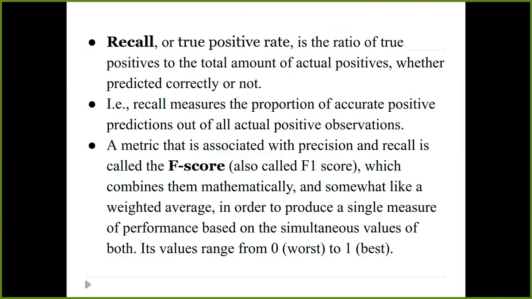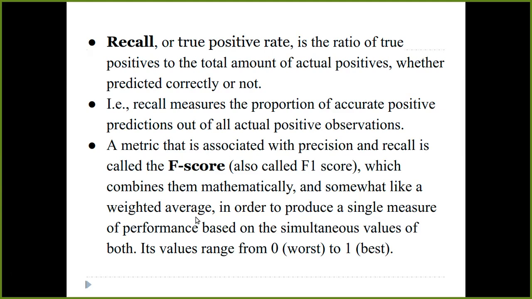Based on this, there is one more metric associated, that is the F score, also called the F1 score. This combines the concepts of precision and recall into a single measure, and it performs a weighted average.